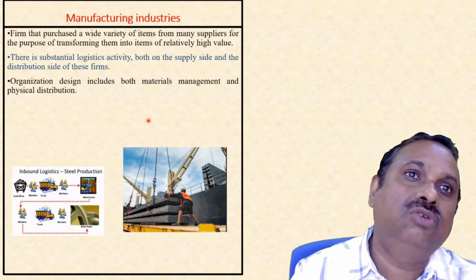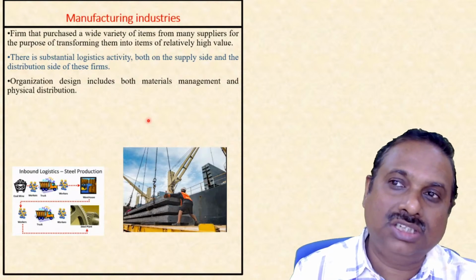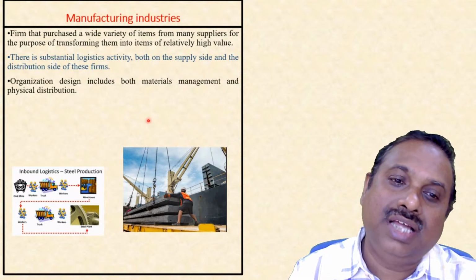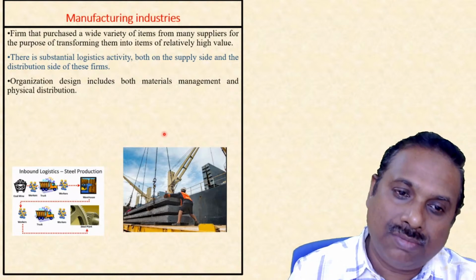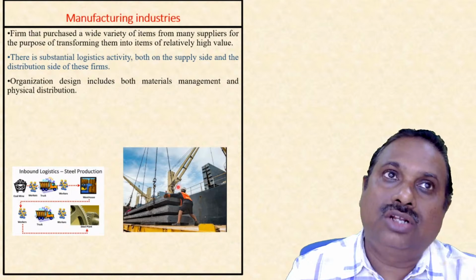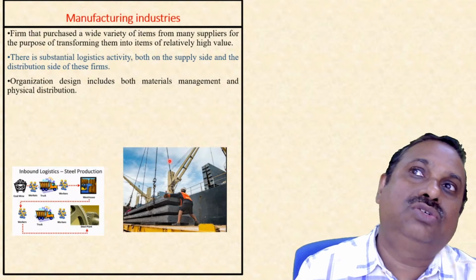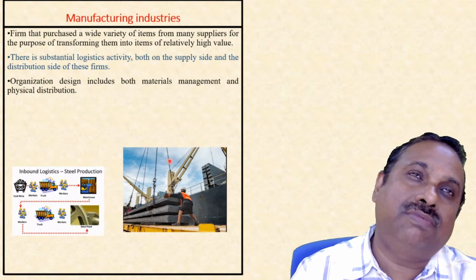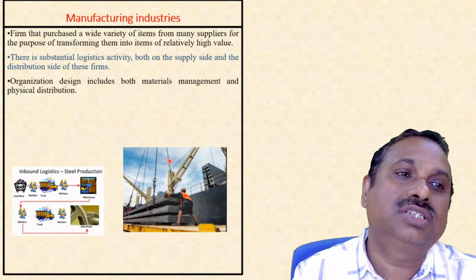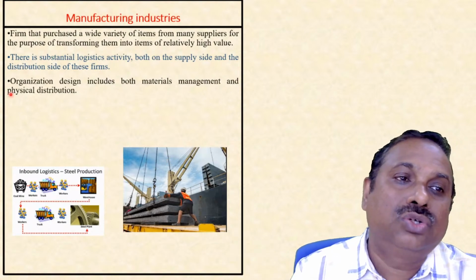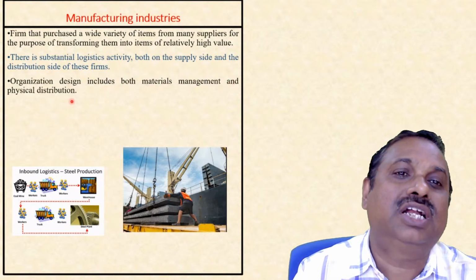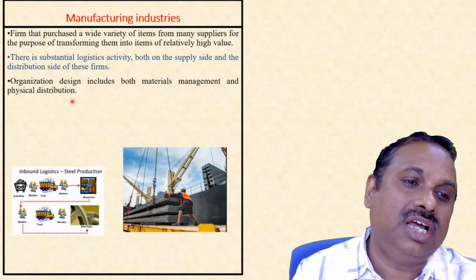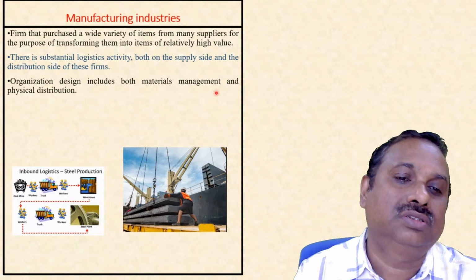So these are the inward logistics. And the outward logistics is aluminium, which they are mainly exporting. From NALCO, Angul, they send it to Visakhapatnam, and then from Visakhapatnam they send it to foreign countries. So here the organization's design includes both material management and physical distribution, that means incoming as well as outgoing.